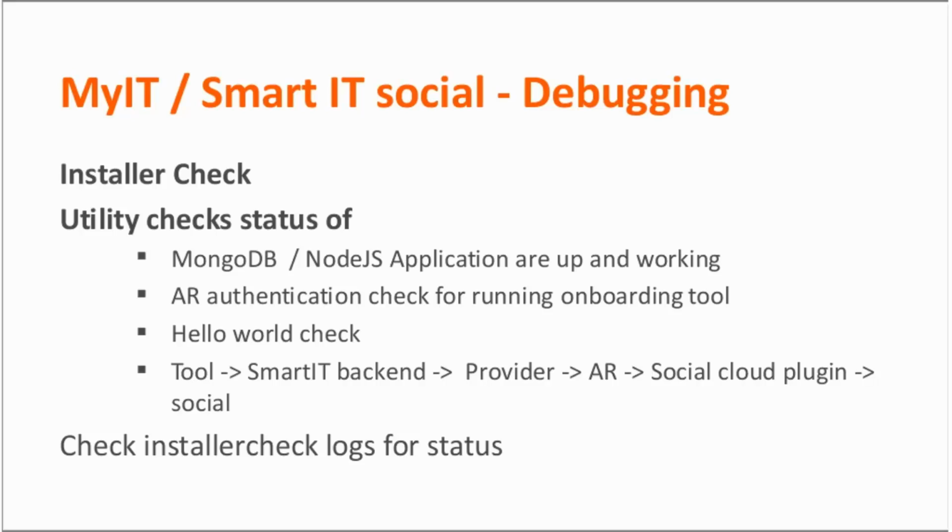It will also give you your authentication check for running your onboarding tool. It will also do a hello world check from the tool to the SmartIT backend, from the backend to the provider, to AR, to the social event manager or social cloud plugin, and back to social. More about this tool and how to use it will be provided as part of the references.